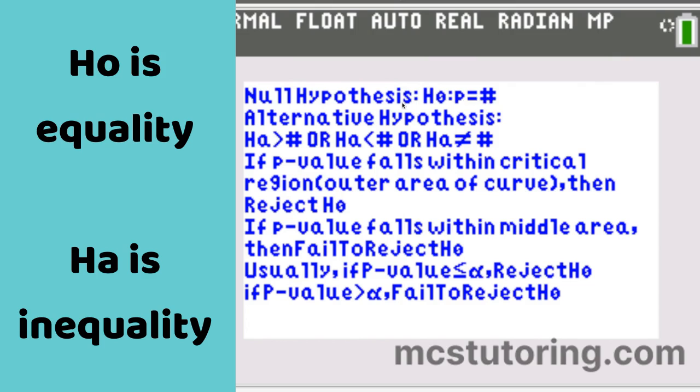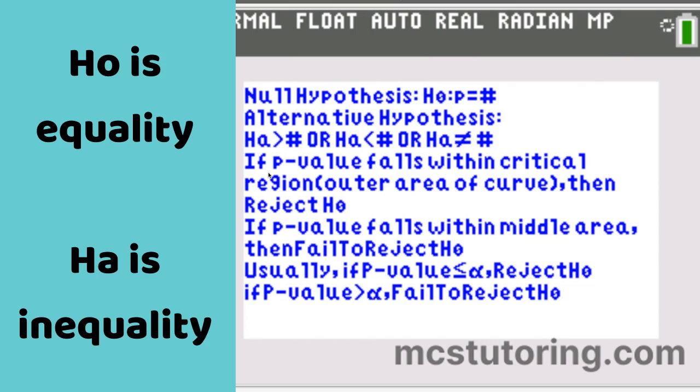The alternative hypothesis is signified by H sub A. Now, H sub A is greater than some number, or less than some number, or doesn't equal some number. So just keep in mind, H O is equality, H A is some inequality.